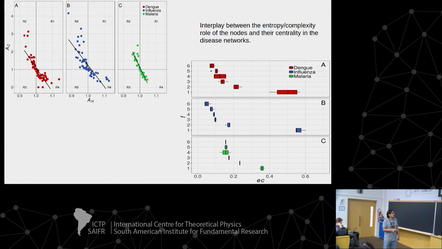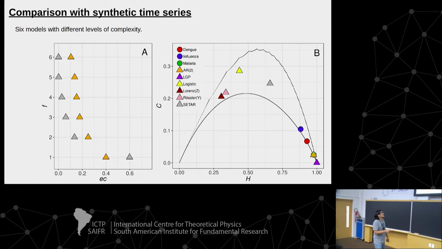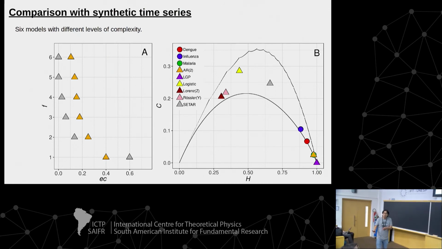That doesn't happen with malaria. In malaria, there is a somewhat more homogeneous behavior of the importance of each of the nodes in our networks. We did that also in order to compare our diseases, our real time series, with synthetic time series.